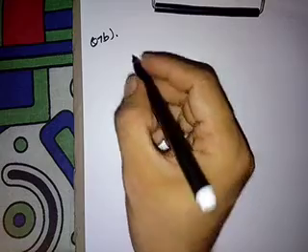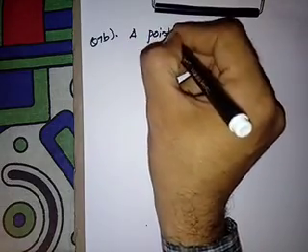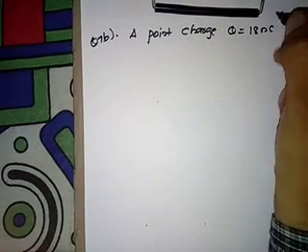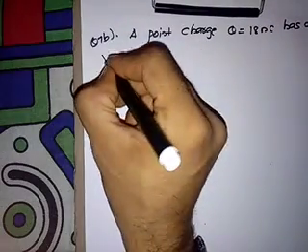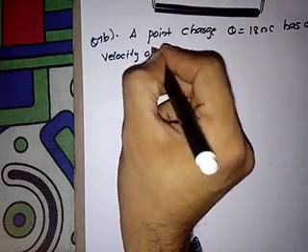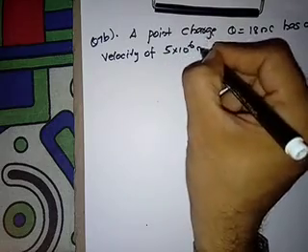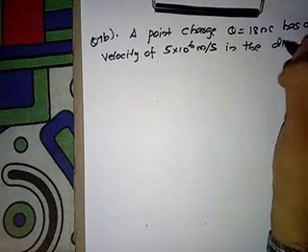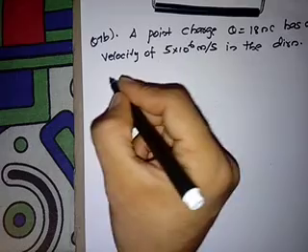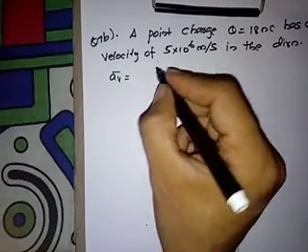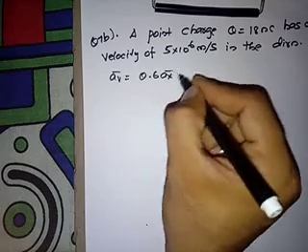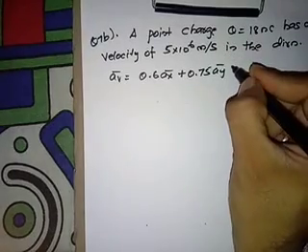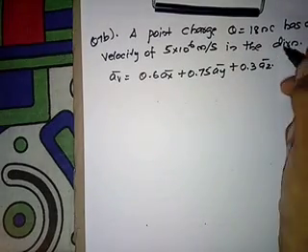A point charge q equal to 18 nanocoulomb has a velocity of 5 into 10 raised to 6 meter per second in the direction aV bar equal to 0.6 aX bar plus 0.75 aY bar plus 0.3 aZ bar.